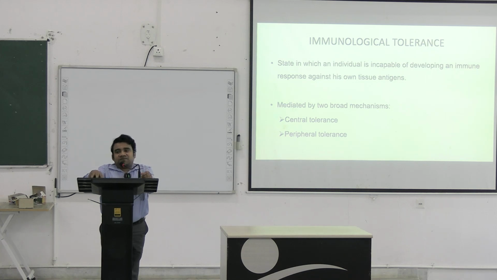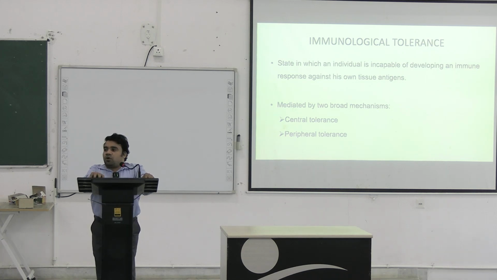This tolerance activity can act at two levels. One is called the central level and the other the peripheral level. Now, what is this central and peripheral? If you recall, why are T cells called T cells? Because they develop in the thymus, and B cells in the bone marrow, right?